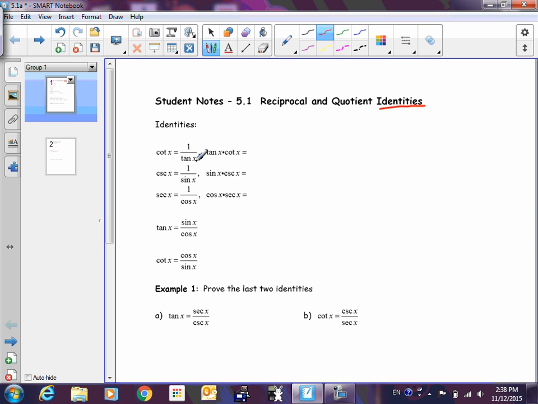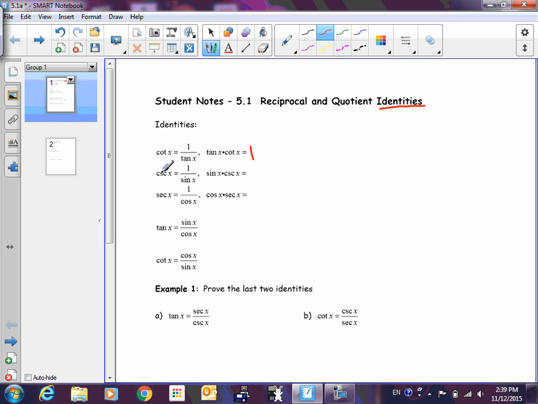Yeah. What's the reciprocal of 5? 1 over 5. So what happens when you multiply those two things together? You get 1. So tangent x times cotangent x equals 1. So in the future, when we start seeing something like that, we can replace it with a 1. That's why it's useful. Because 1 is a lot simpler than tan times cotan.